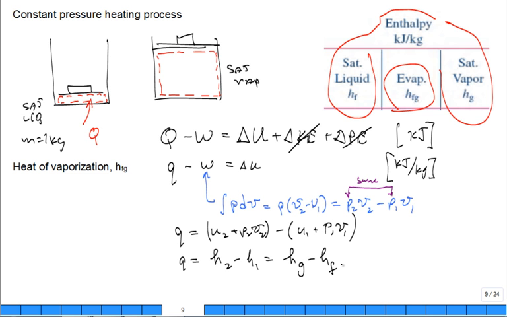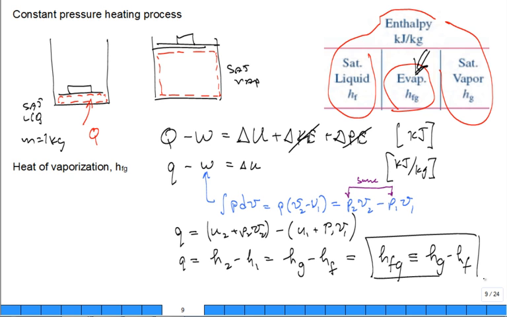And so this is so often used that they added a special column right here called hfg, and hfg is simply defined as hg minus hf. That's all. And it has an interpretation of being the amount of heat needed to vaporize, to take from saturated liquid to saturated vapor, that 1 kilogram of fluid at that pressure.